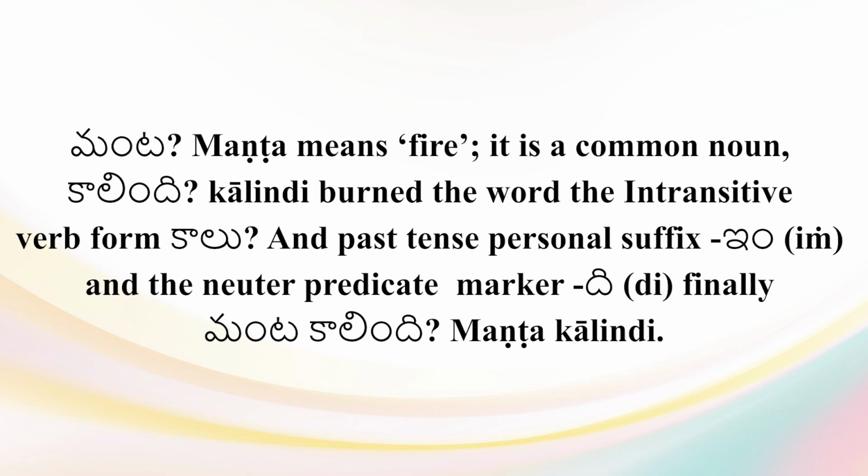Manta means fire. It is a common noun. Kalindi, burned, is the intransitive verb form of kalu, with the past tense personal suffix im and the neuter predicate marker di, finally, manta kalindi.